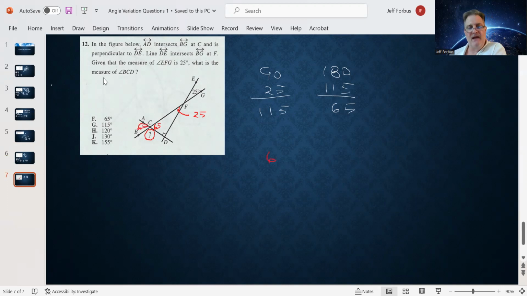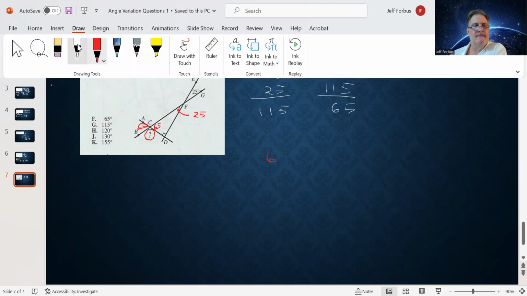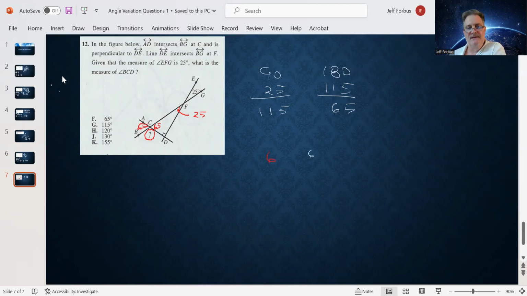So 65 and 65, that's 130. Now, going in a complete circle around C, 360 minus 130. So we're going to have 230 between those 2 points.